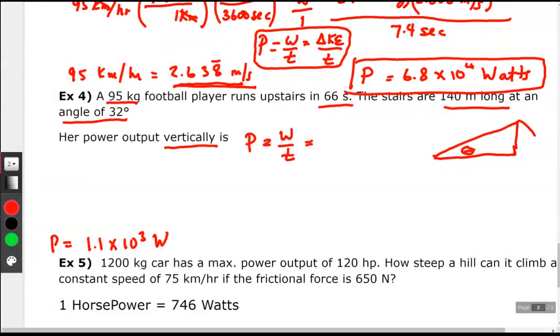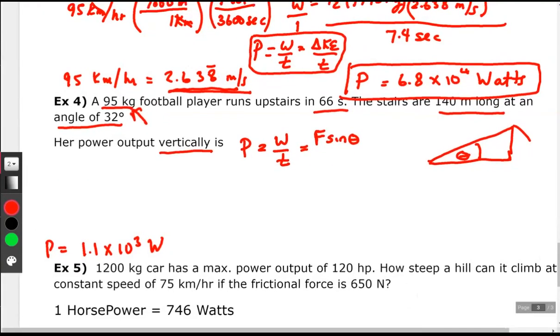Now you can't do just F times D, because they want the work that's the vertical work. The vertical work means you've got to use sine, because you've got to deal with the vertical force that he applied. He applied a force of what? His weight. Every time he goes up the stairs, he's lifting his own weight. That's the work he's doing.